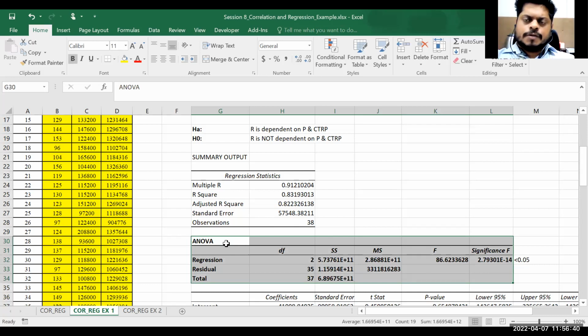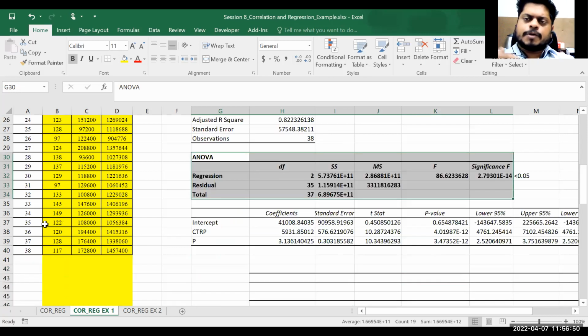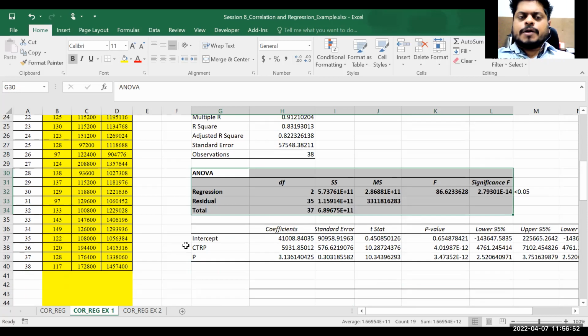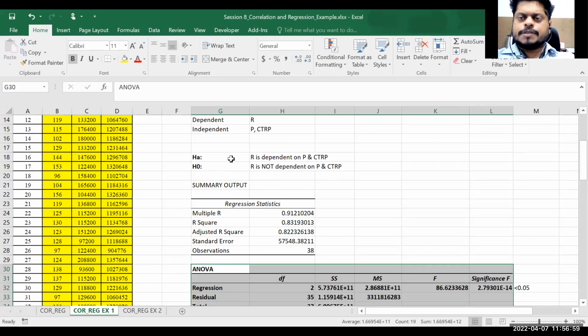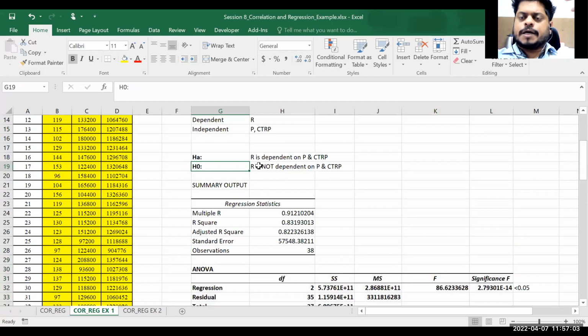So this ANOVA table talks about your overall model. Remember why you are doing this hypothesis testing? It doesn't mean that we have only 38 TV programs; whatever TV programs we take, this is the model we are building. So this ANOVA table says we are able to reject the null hypothesis that R is not dependent for our population.